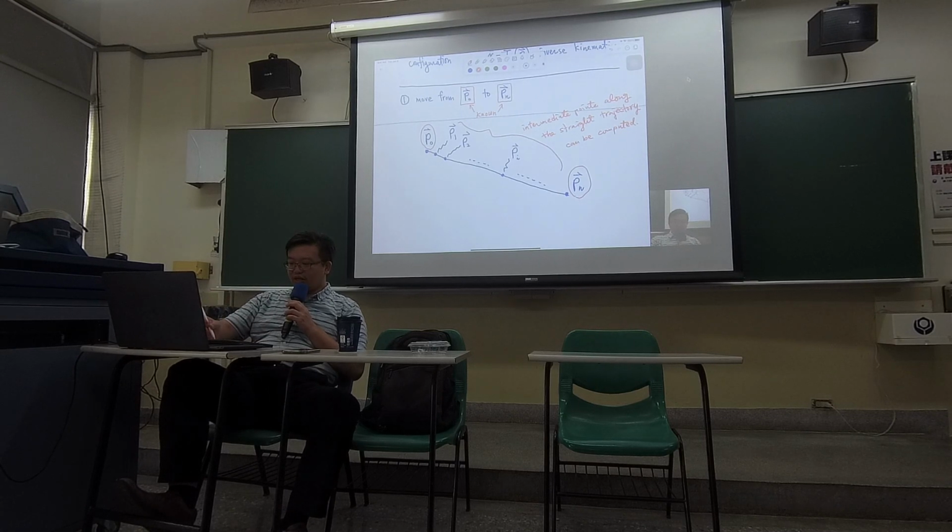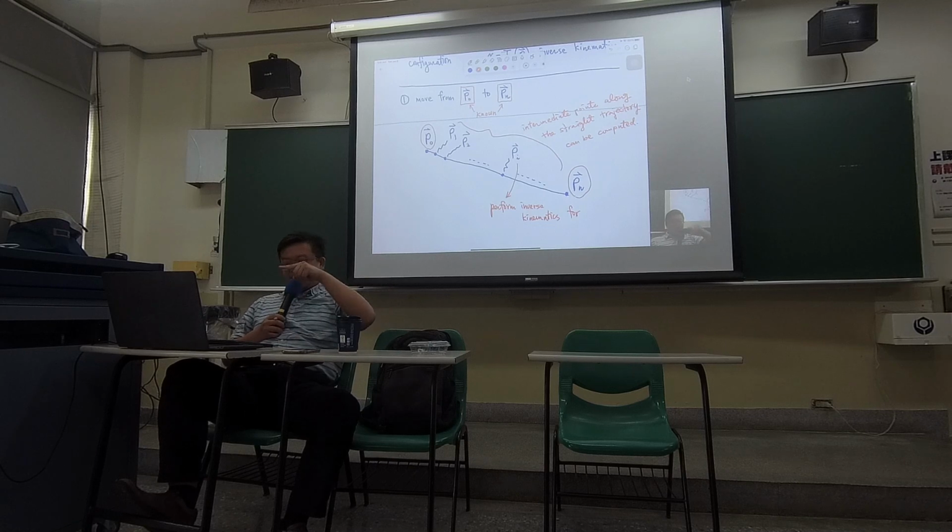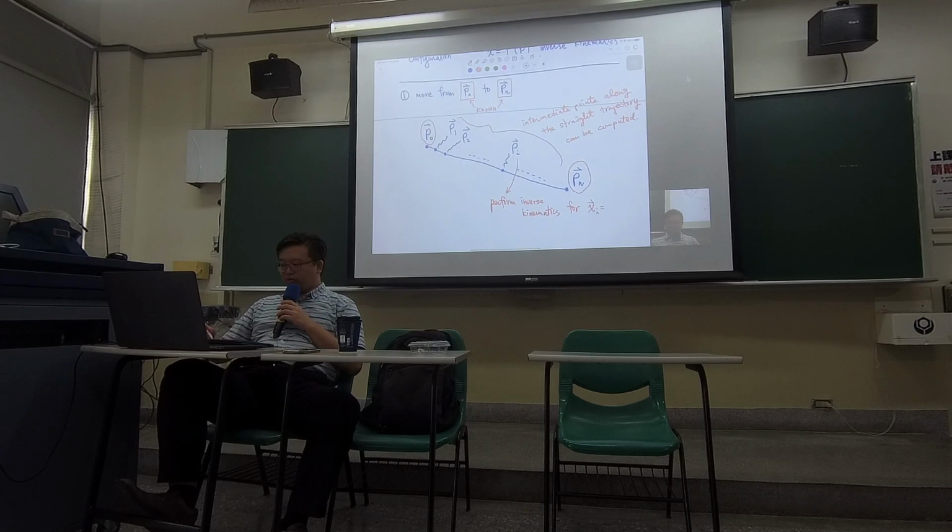You basically perform inverse kinematics for the configuration at that particular coordinate. So you are computing the configuration for the I point. And how do you do that? You basically use the inverse transformation.